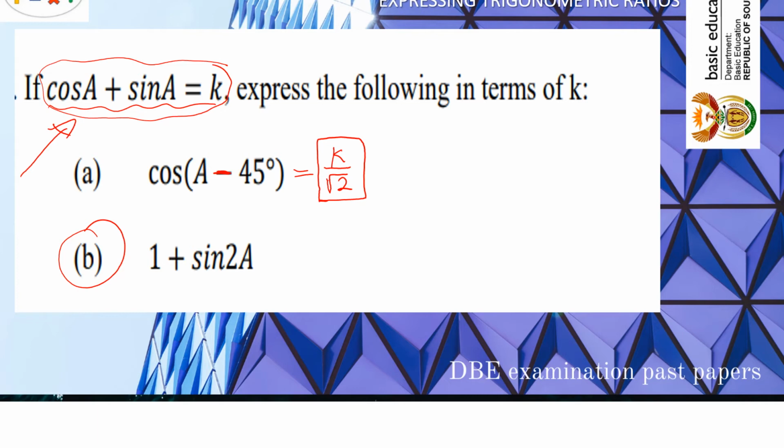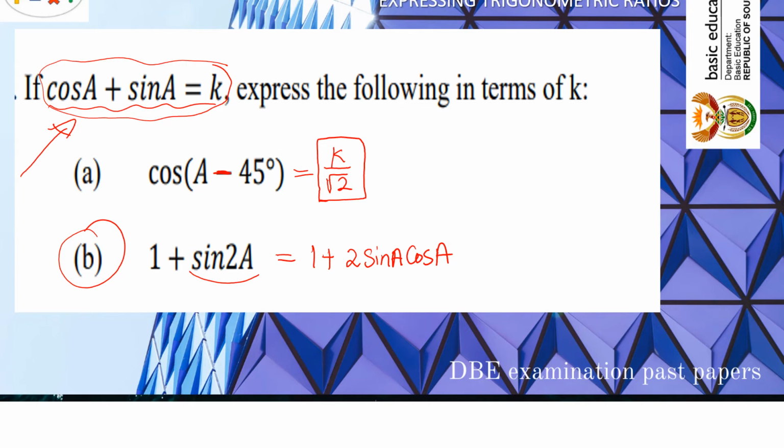So this is a little bit tricky question that most students will struggle to get, but let's see how it goes. So 1 plus sine 2A, obviously we can see the rule there. It's going to be 1 plus. We can change sine 2A because it's double angle of sine. It can be changed into 2 sine A cos A. That's the rule. 2 sine A cos A.